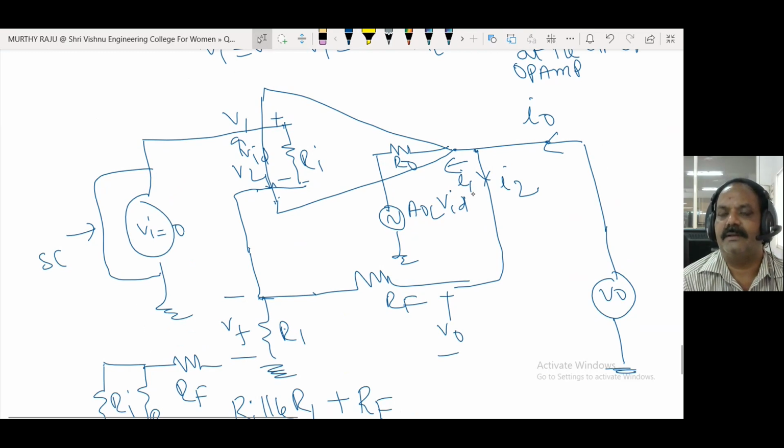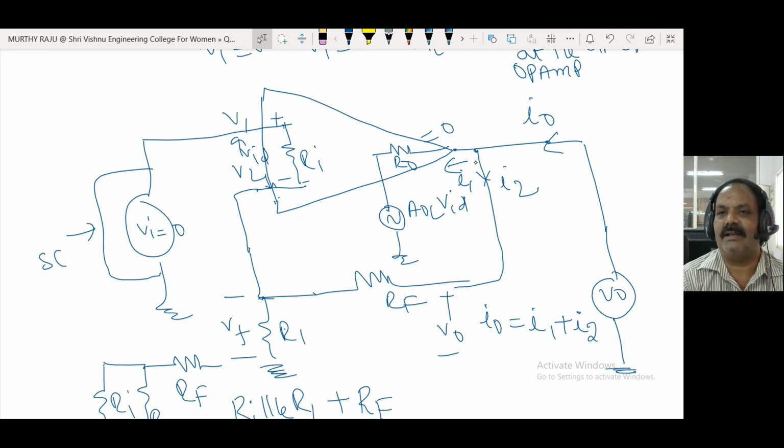Next, we know that I naught is equal to I1 plus I2. I2 is neglected compared to I1 because the R naught resistance value is equal to 0 in the ideal case.